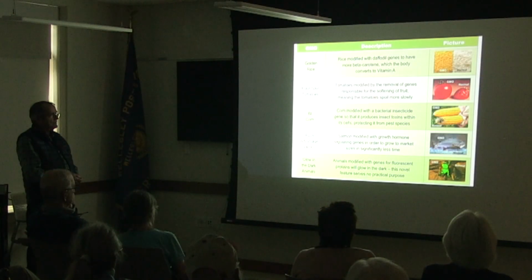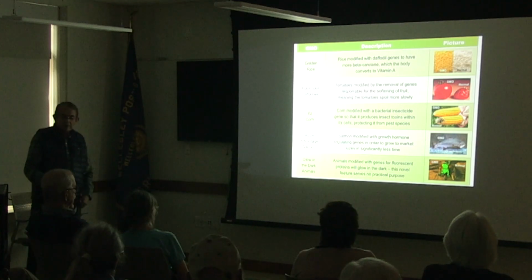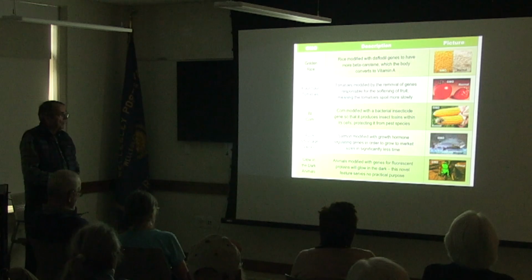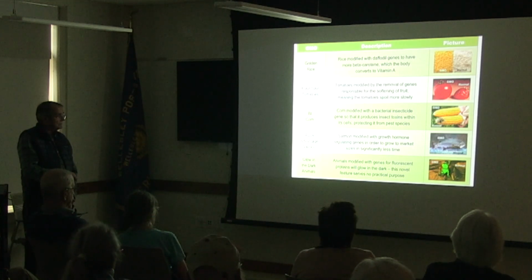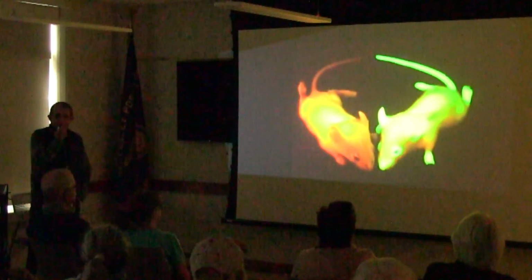Really appreciate that. Anyway, salmon modified with the growth hormone, they grow faster. Again, I wouldn't have a problem with that myself, but. Oh, and this one, glow in the dark animals. Okay.